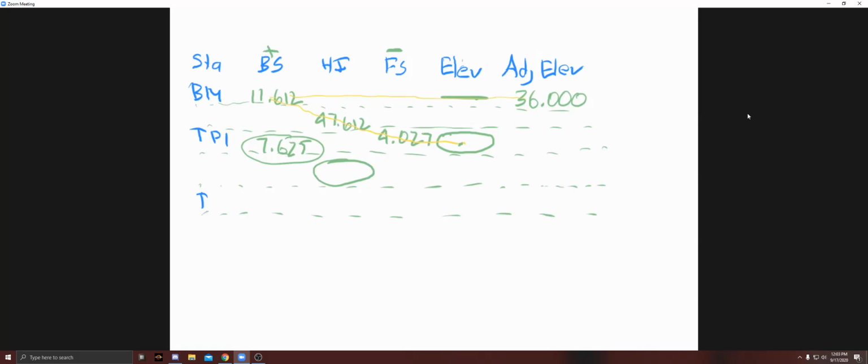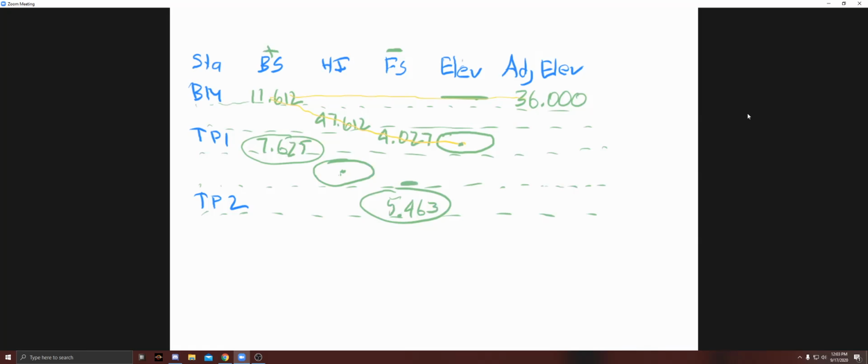Okay, then you got one more row. Turning point 2. Foresight, which will be 5.463. So elevation plus backsight gives you height of instrument.